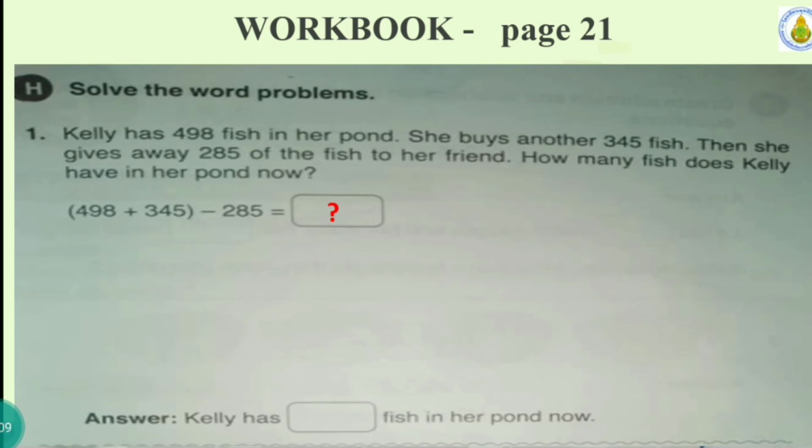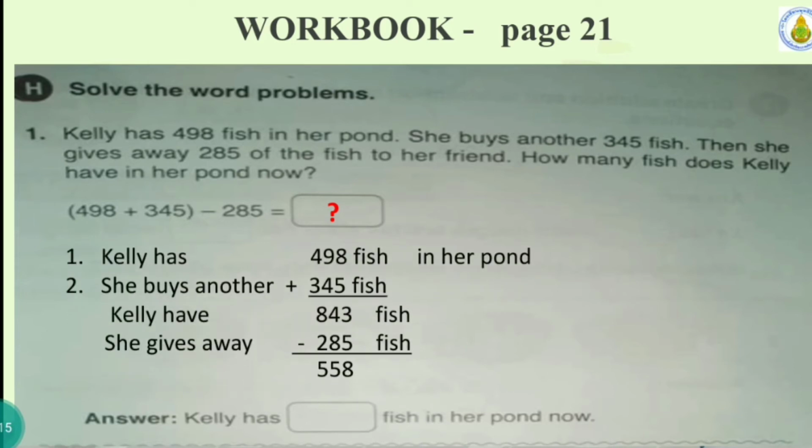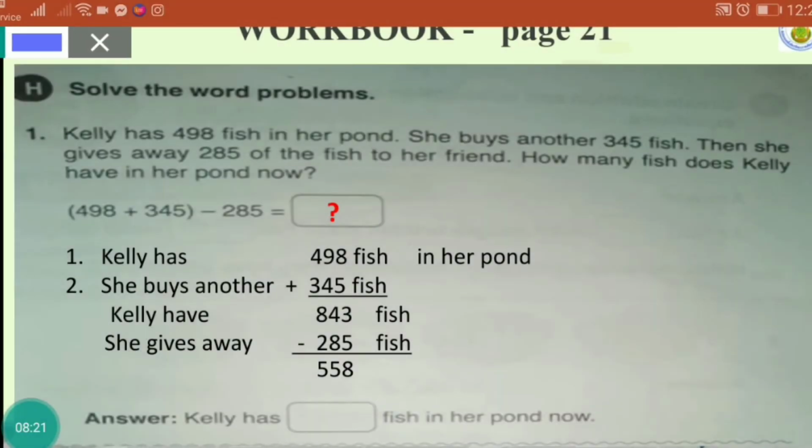But before that, in our word problem, we're going to write the sentence. So we have here, Kelly has 498 fish in her pond. And then she buys another 345 fish. So we're going to answer that.